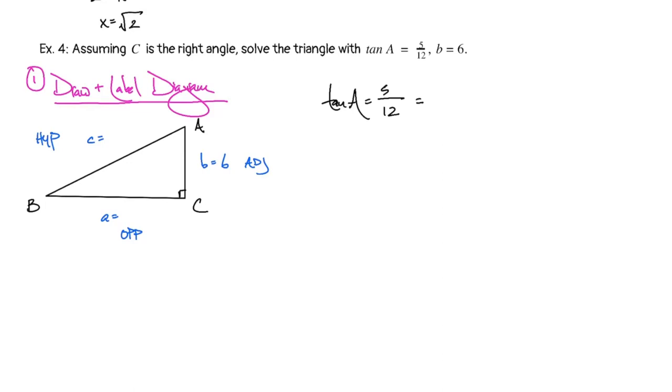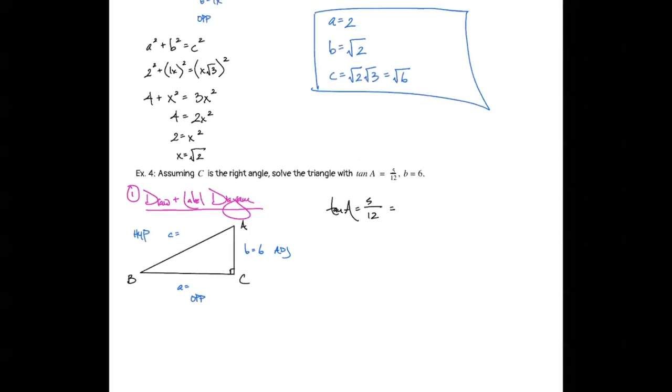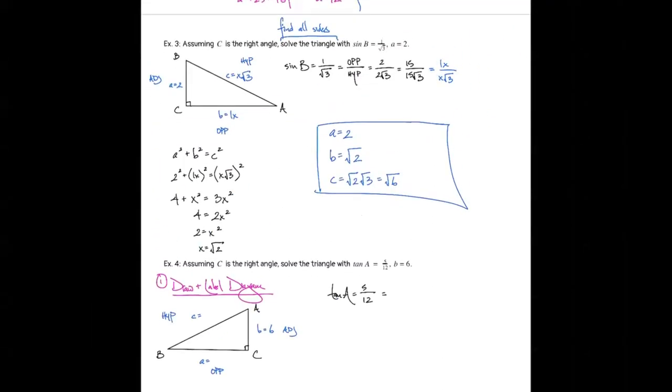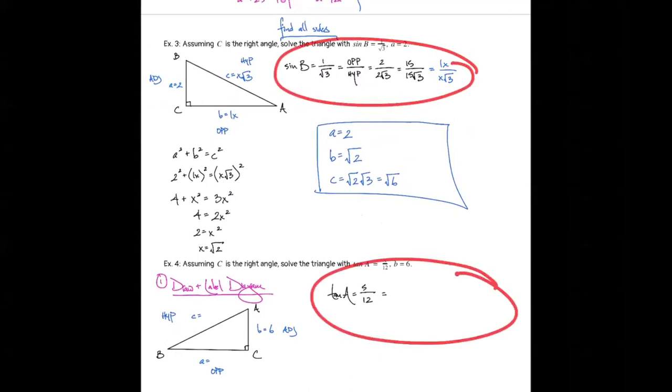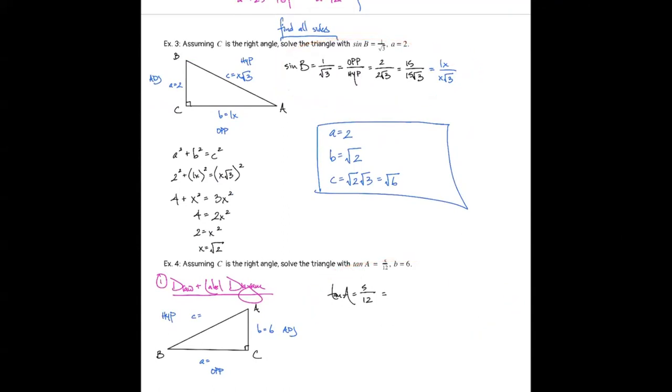I think it's one of those special triangles that you talked about earlier. I don't remember the lengths. Okay, well, let's just think about how we reason through the sine B up here. I'm asking us to do the same thing down here, right? Yeah, it would have been easier to see if we were live in the classroom and you could see more than one board at the same time. But if we had over here, we said that this was 1/√3 and we were thinking about the unreduced versions.